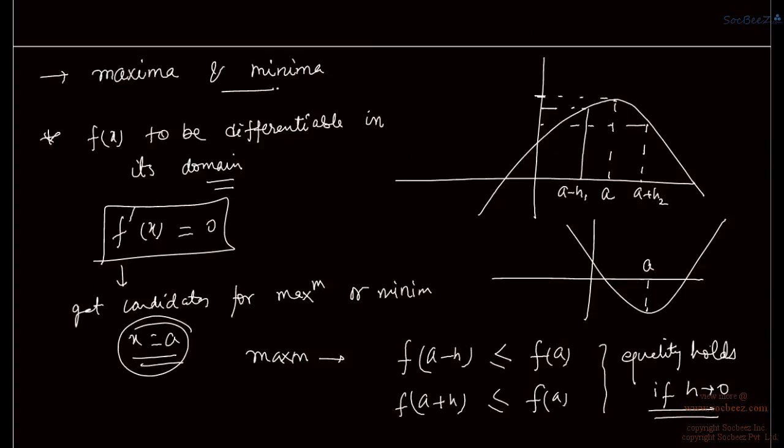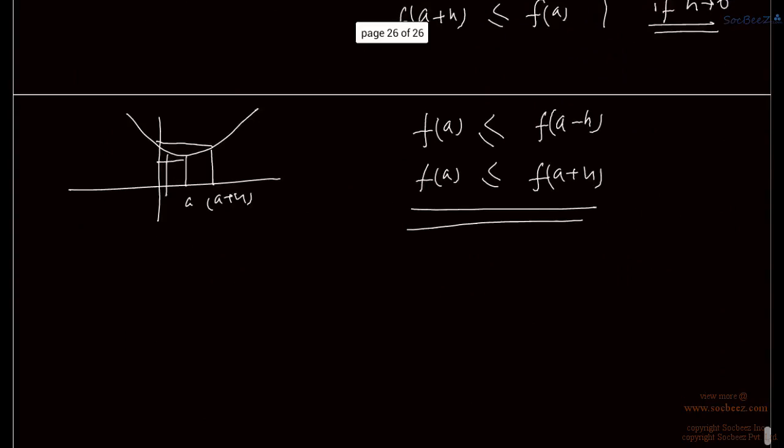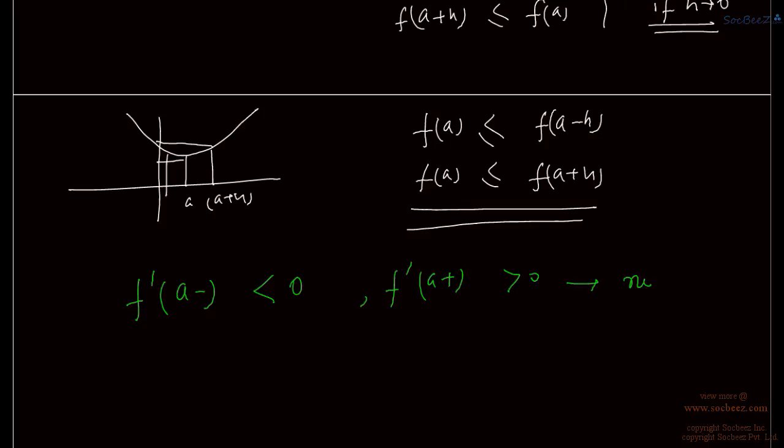Say if we are taking before the maxima, then if you see the nature of the curve before the maximum, the curve is increasing, and after the maximum the curve is decreasing. So if f'(a minus) is less than 0, that is decreasing, and f'(a plus) is greater than 0, increasing, then we have a minimum, right?